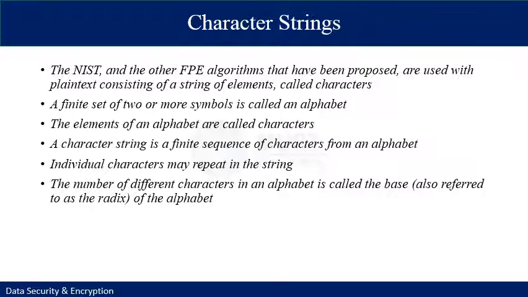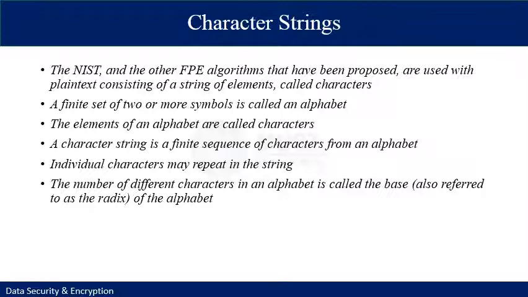A character string is a finite sequence of characters from an alphabet. It means it can be a word of alphabets. Individual characters may repeat in the string, which is similar to English or other alphabets.